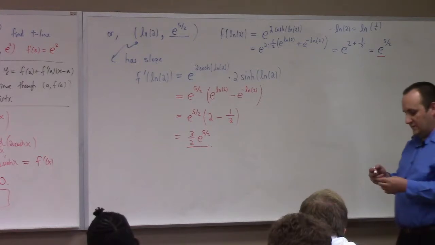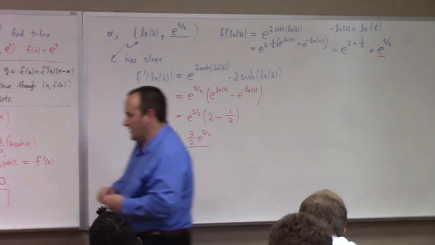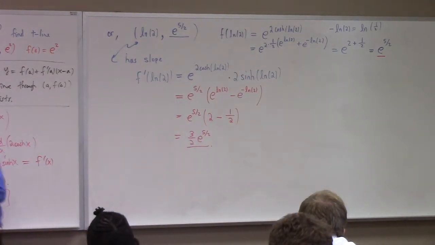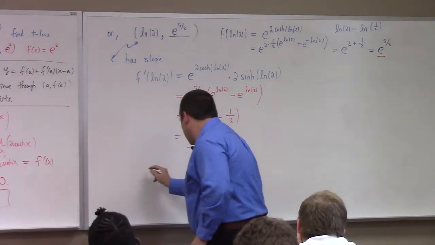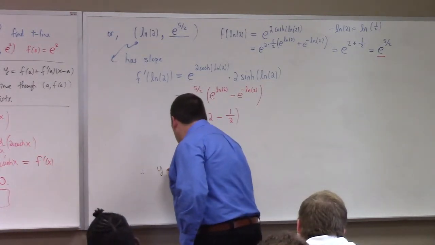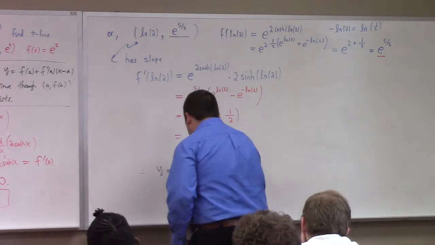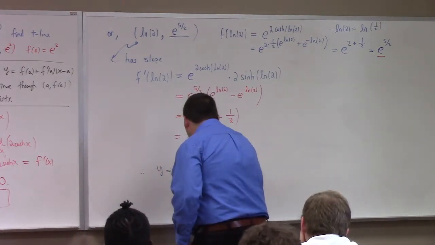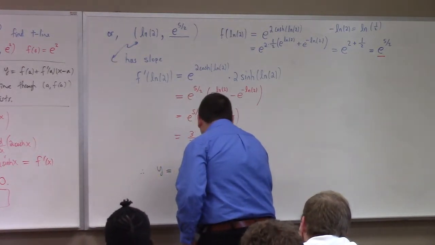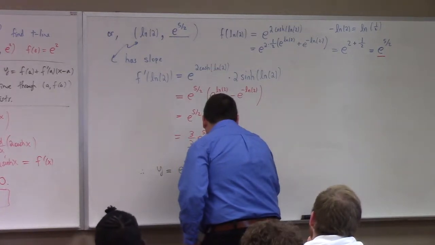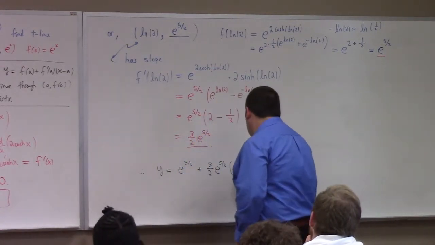Now we can put it together. What's the tangent line at that point? The tangent line at that point is y equals e to the 5 halves plus 3 halves e to the 5 halves times x minus log 2.